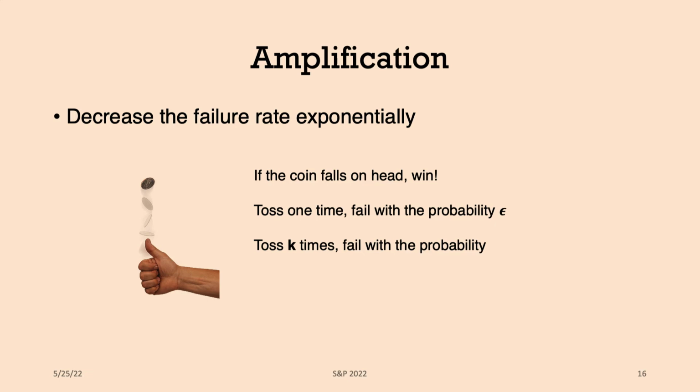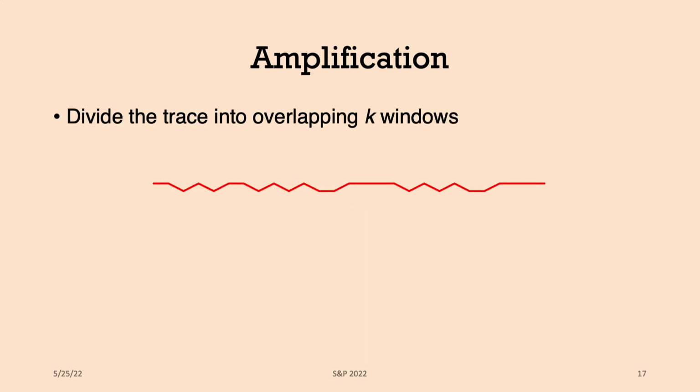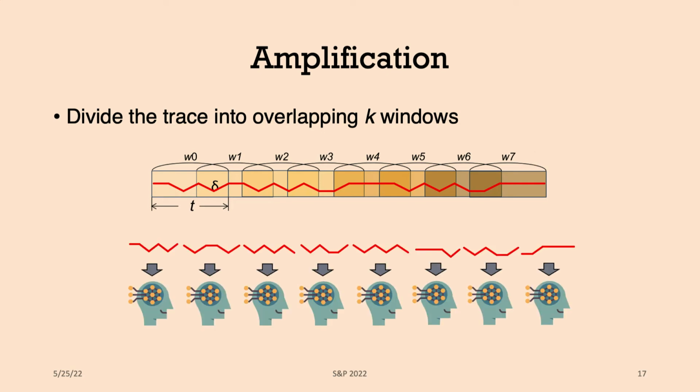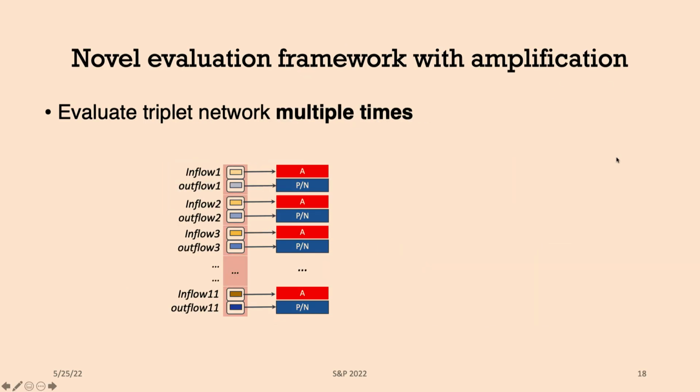Then how can we use this concept in our flow correlation study? We can divide each flow into multiple subflows, but here we allow some overlapping. So we divide the flow into multiple subflows and evaluate our embedding network multiple times. With this idea, we finally propose a novel evaluation framework with separate embedding and amplification.